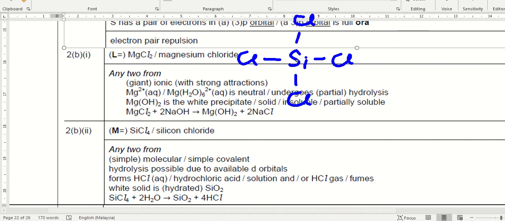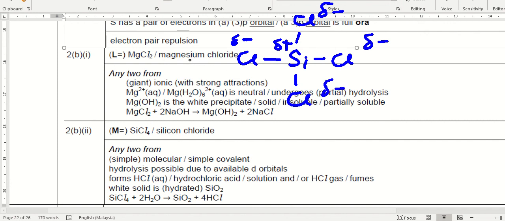Because silicon is less electronegative compared to chlorine, this bond is actually polar, right? With silicon having the partial positive charge, chlorine partial negative. Sorry about that. Now all these are partial negative.